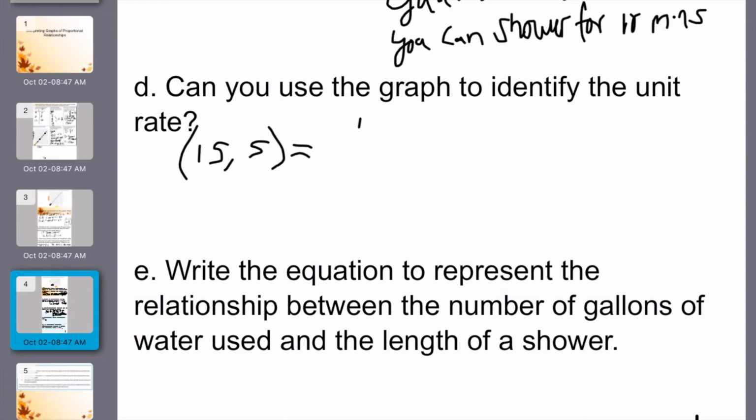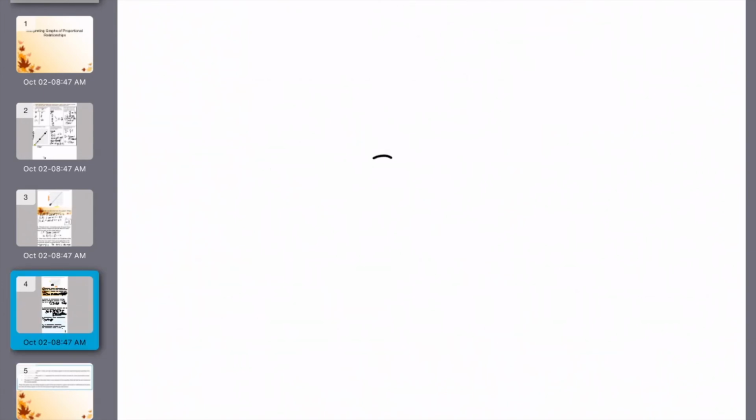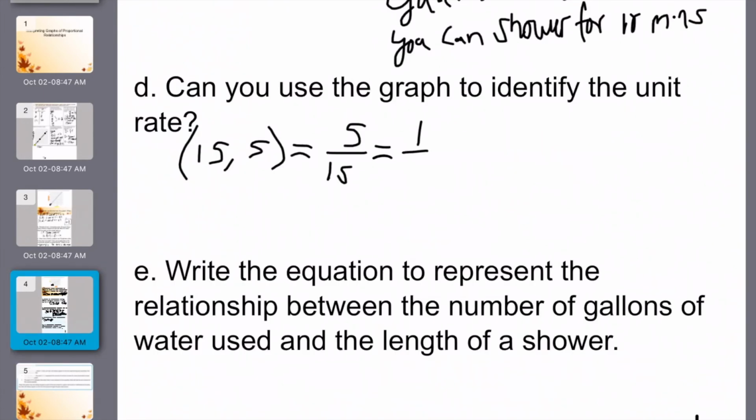If I do 5 divided by 15, I get 1/3. So I know that the point at 1 is going to be 1/3. And I know that my k value is going to be 1/3.